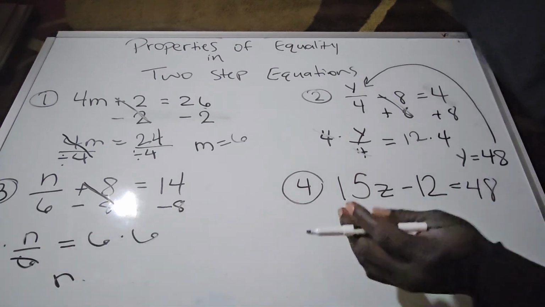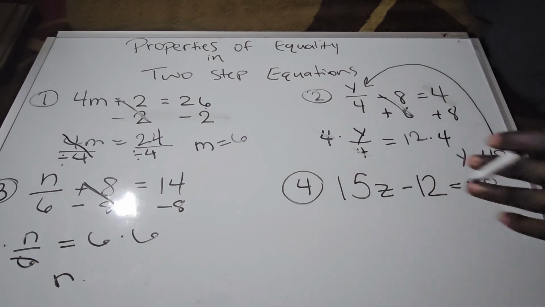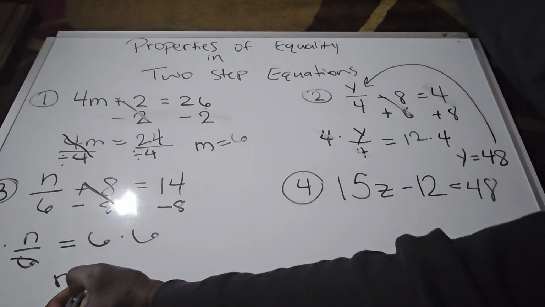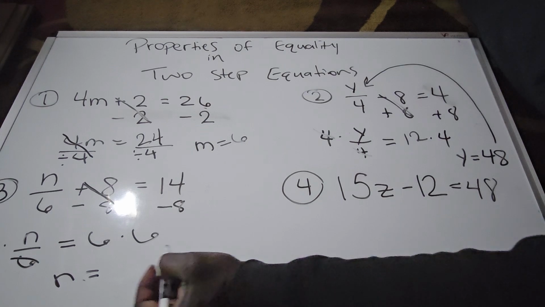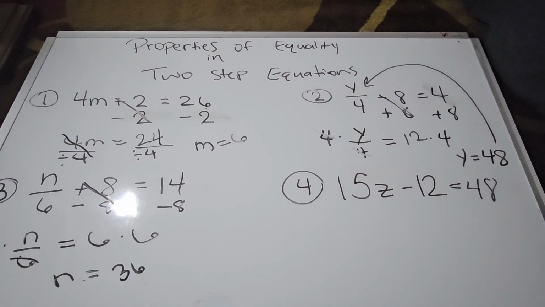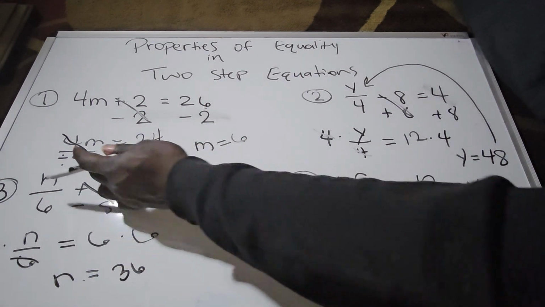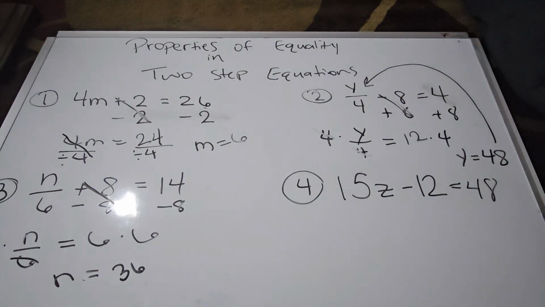Now we have n by itself. The 6's are gone. The n is by itself. Now on the other side, we have 6 times 6, which is 36. Now, is that true? Well, if you take 36 and plug it in for n, 36 divided by 6 is 6. Then 6 plus 8 equals 14.